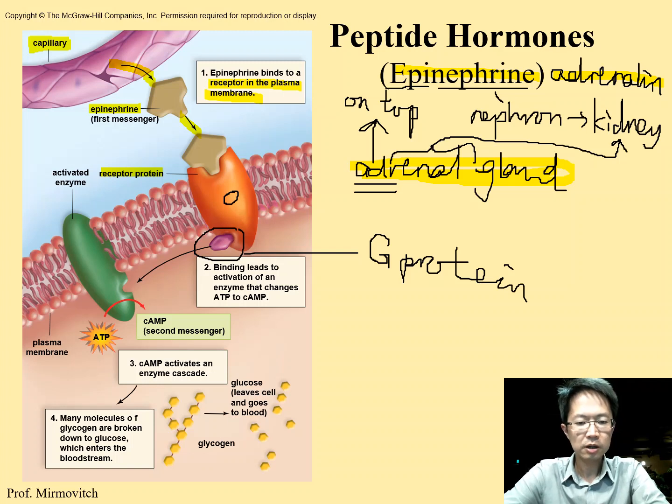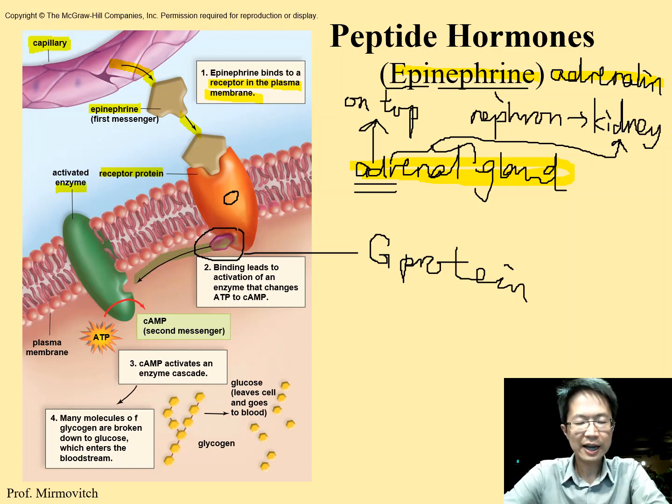G protein. So after the epinephrine binds to the receptor, the receptor will activate this G protein, and this G protein will detach and move to a cell membrane enzyme.